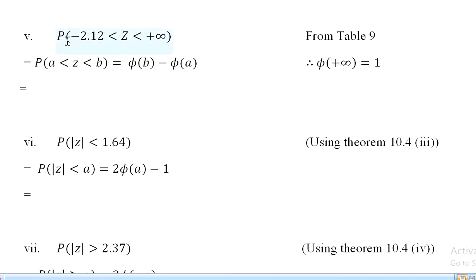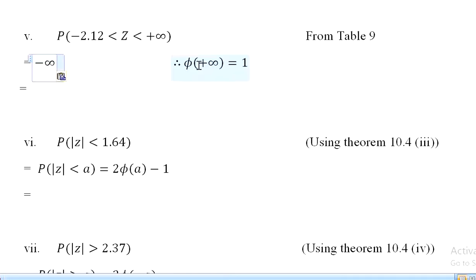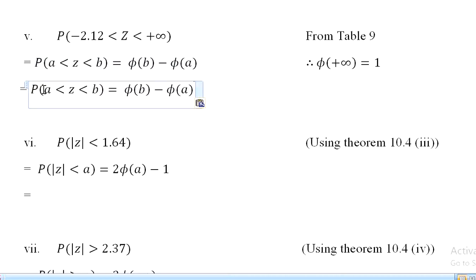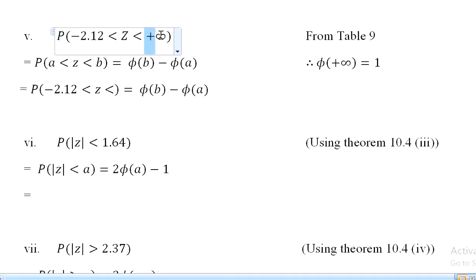It is a between case, and you can see that the same theorem applies. The important thing to note here is that phi of plus infinity is 1. So I'm going to copy paste it. Alright, copy, paste, minus lower limit is minus 2.12 and the upper limit is plus infinity.